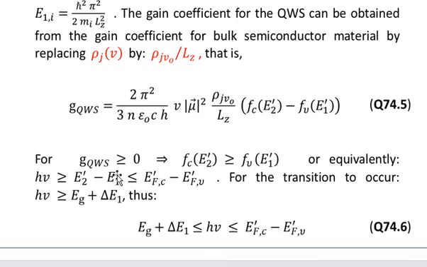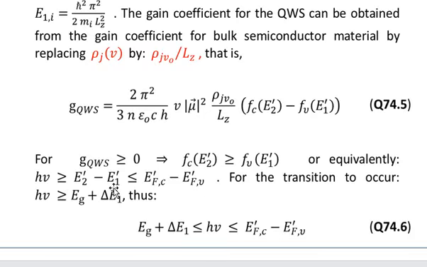And this E1 prime lies in the valence band, and this Fermi energy level, which is E prime FV, is lying in the valence band. And here the level E1 prime should lie above the E prime FV level, that is above the Fermi level, so that this level E1 prime is found to be an empty level in terms of the Fermi level.